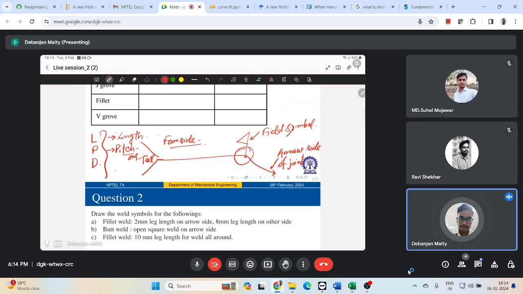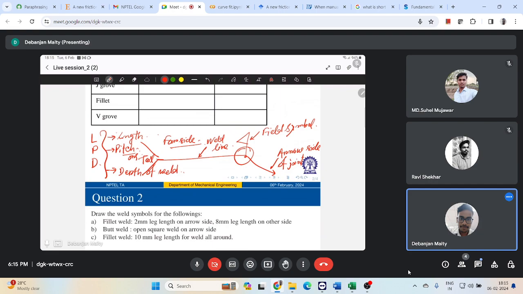If you are doing multiple welds, you need to mention the pitch of the weld. And another is the depth of the weld. These three things are very important to mention for any weld job. And what is this called? This is called the weld line, correct?